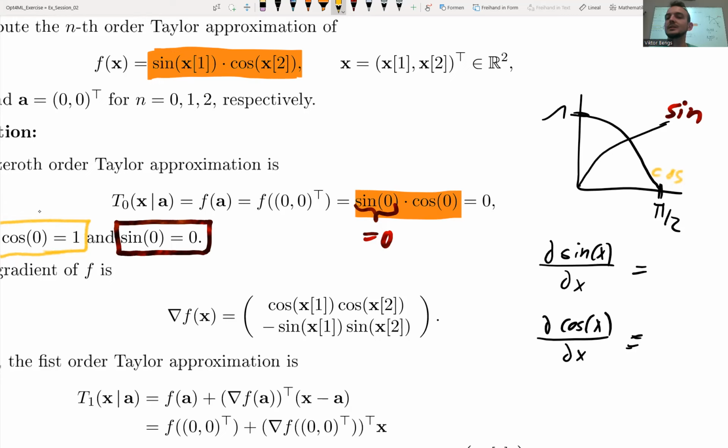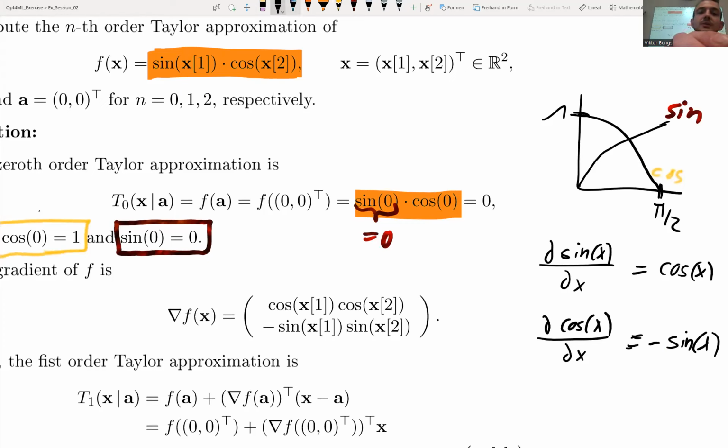For this interval, cosine is decreasing, so the derivative should have a negative value, but the sine is positive on this interval, so accordingly the derivative must be minus sine of x. Similarly, sine is increasing on this interval, so the derivative should be positive, and cosine is positive on exactly this range. So you're safe. We don't have to multiply with a -1 for cosine.